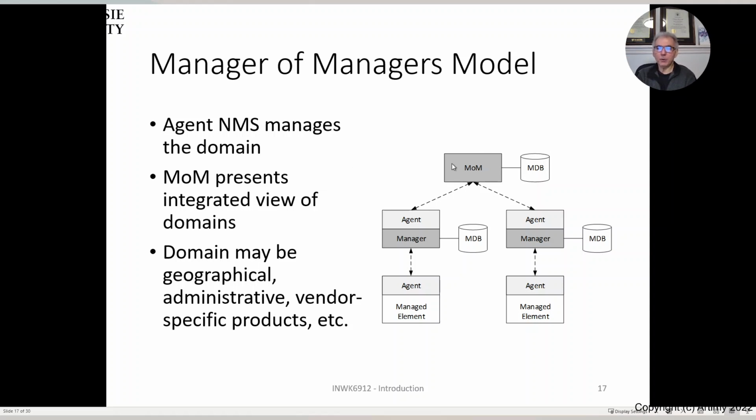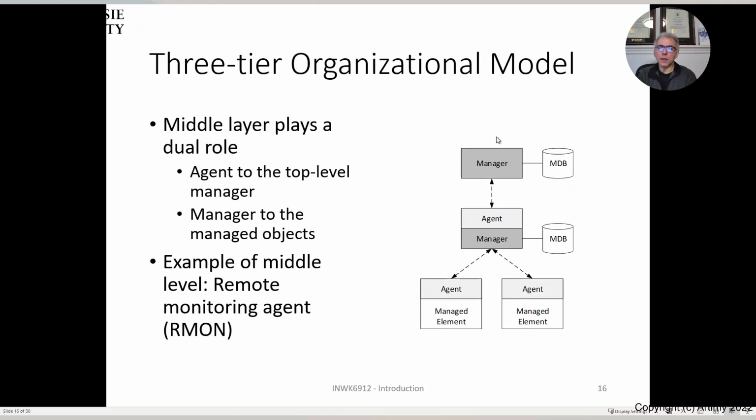So what's the difference between a manager here and the manager of managers here? The difference simply is the type of information that the manager of managers, or MoM, collects. In this case, the top manager here may collect the same information as the lower or middle tier manager.